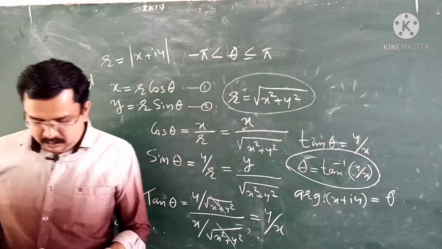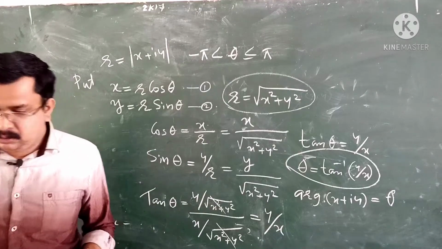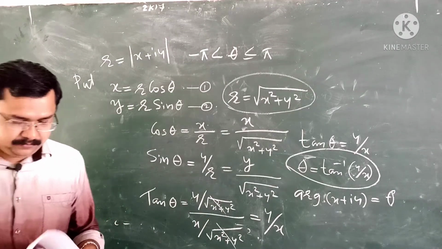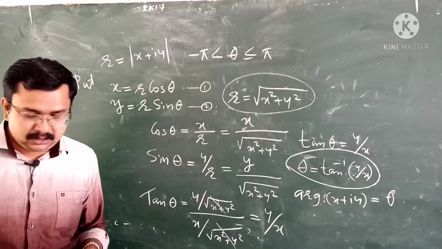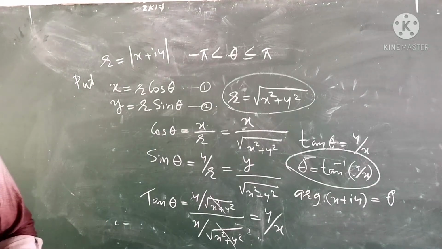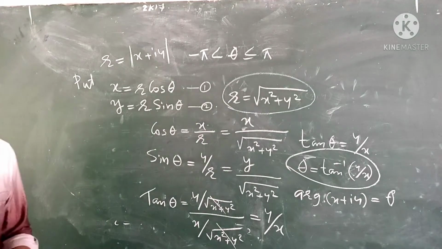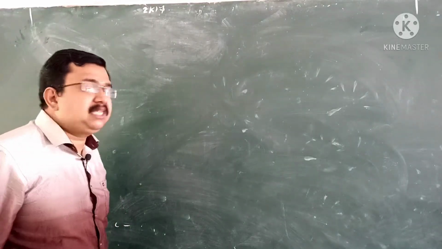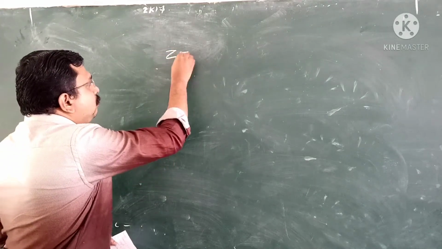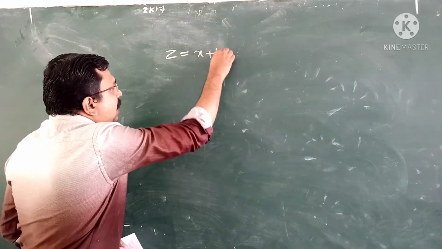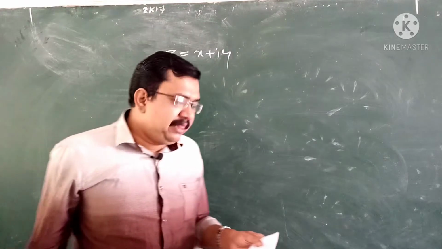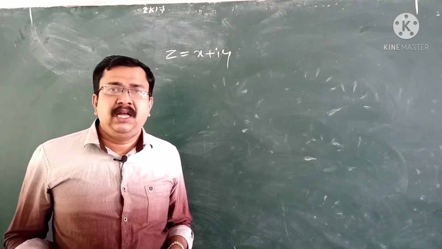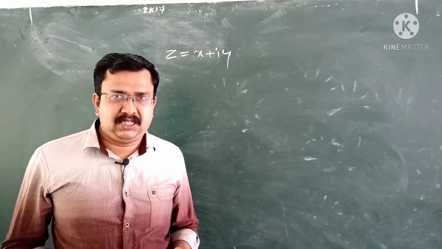Now we can do some problems based on complex numbers. We know that the complex number z equal to x plus iy. Then the number x minus iy is called the conjugate of the complex number.